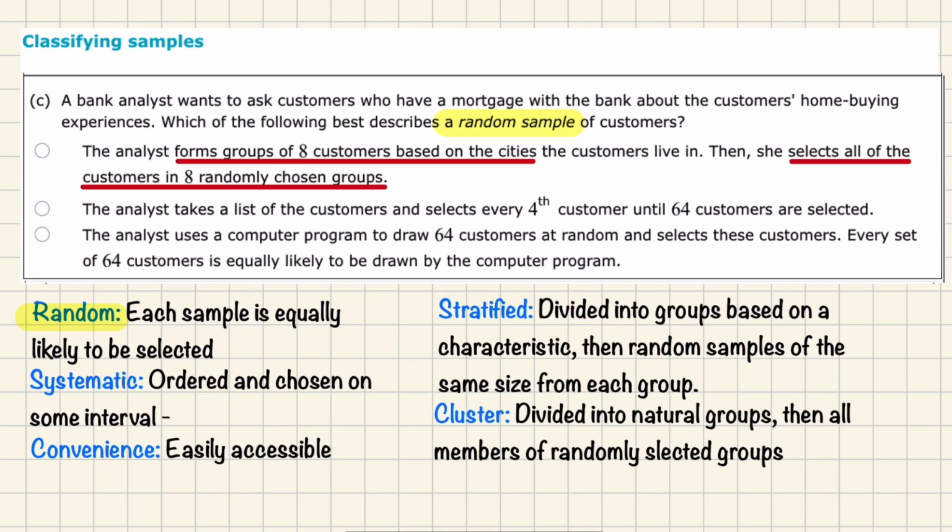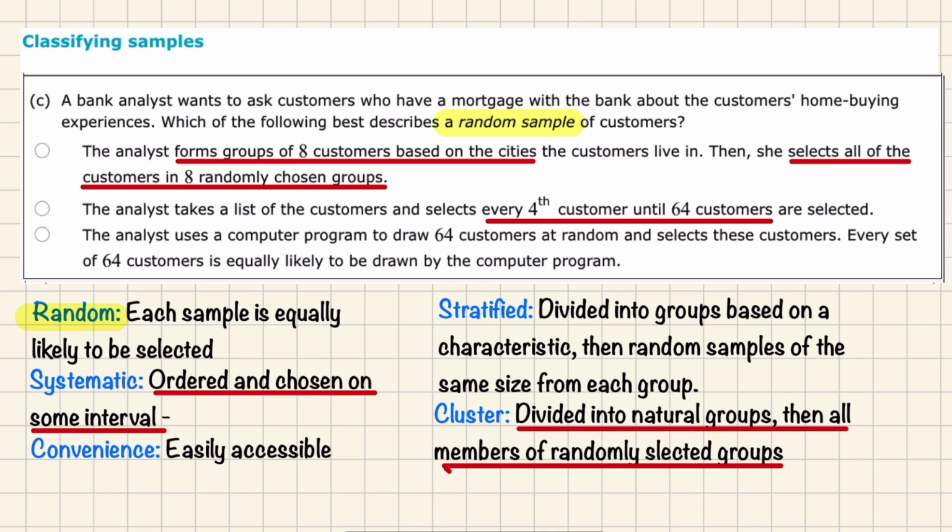Forming groups and then selecting all of the customers in some of those groups would be cluster sampling. The next option says the analyst takes a list of customers and selects every 4th customer until 64 customers are selected. That would be systematic sampling. So hopefully this third option is random.